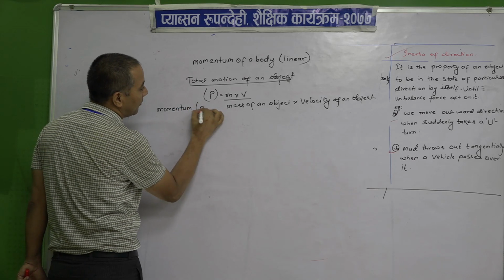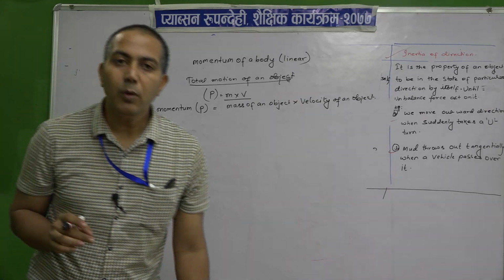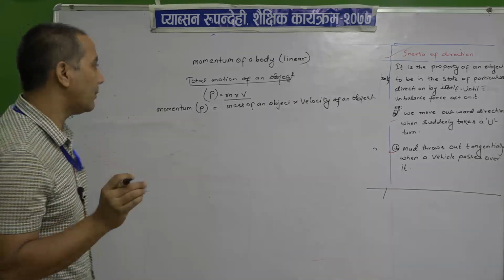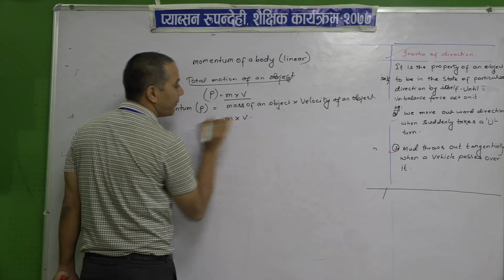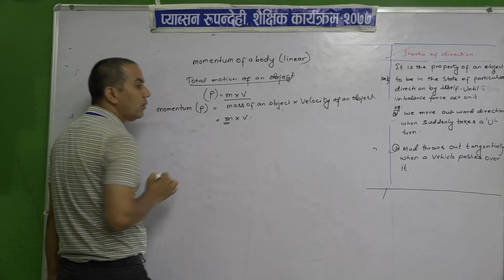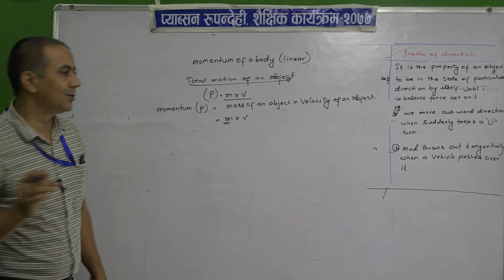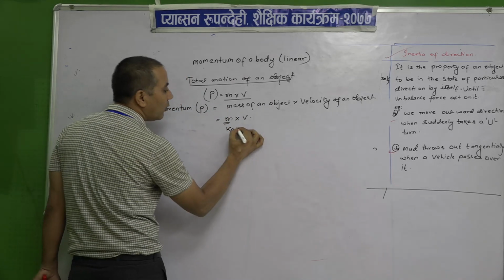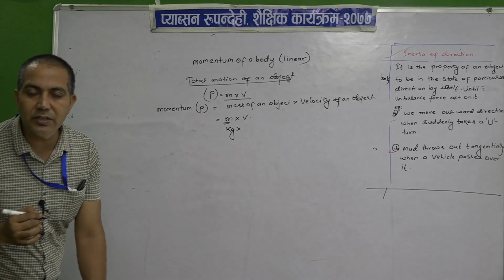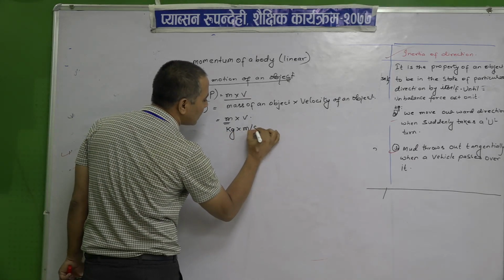Momentum P equals the mass of an object times the velocity of an object, that is m into v. What is the SI unit of m? Kg. And what is the unit of velocity? Meter per second.